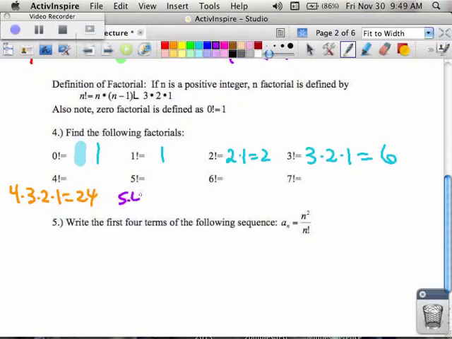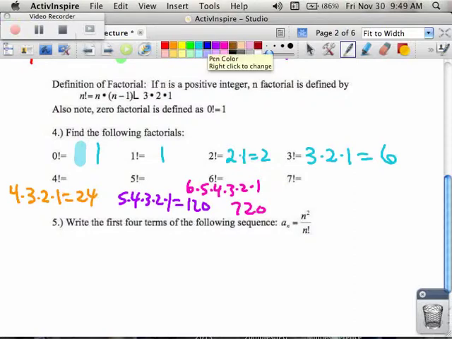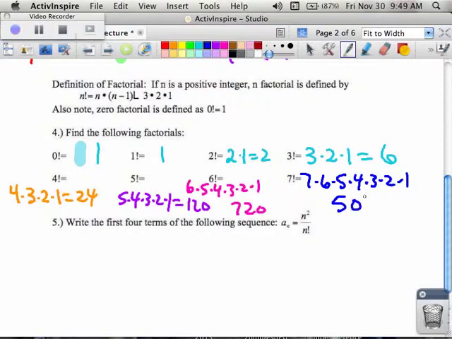Is 5 times 4 times 3 times 2 times 1, which is 120. 6 factorial is 6 times 5 times 4 times 3 times 2 times 1, which is 720. And 7 factorial is 7 times 6 times 5 times 4 times 3 times 2 times 1. And Rice, that is? 5,040. I'm trying to give this girl credit.